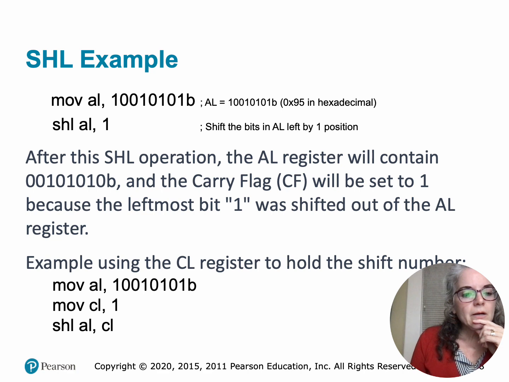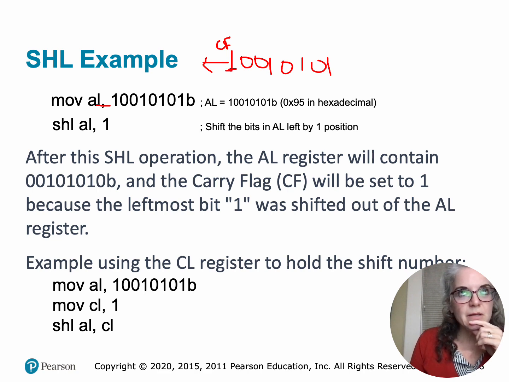Okay, so here, if we're moving to the left, we have 1, 0, 0, 1, 0, 1, 0, 1. So we move to the left, so our carry flag is going to be set to a 1 because this is the bit that gets moved to the carry flag. It's going to be the most significant bit.